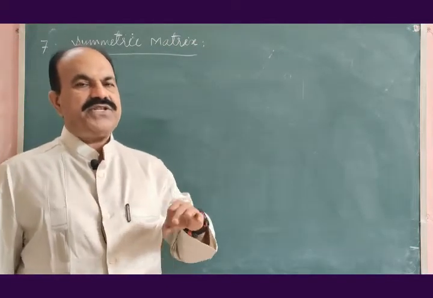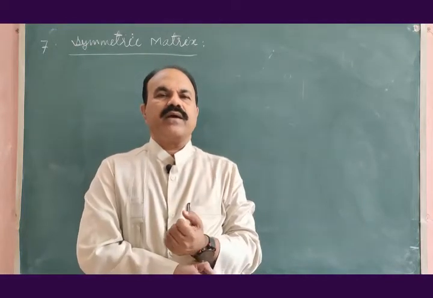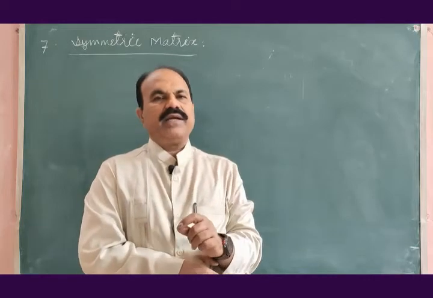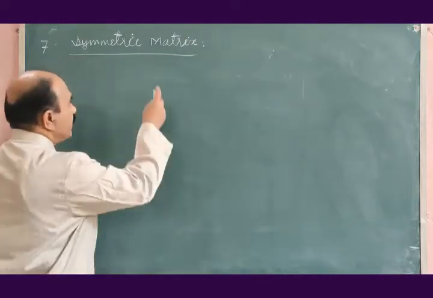Symmetric matrix is a square matrix such that Aij is equal to Aji.